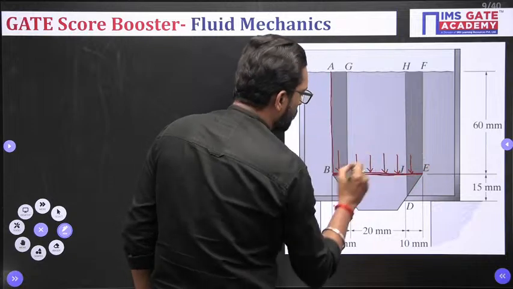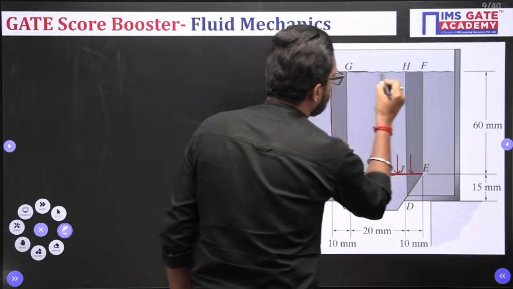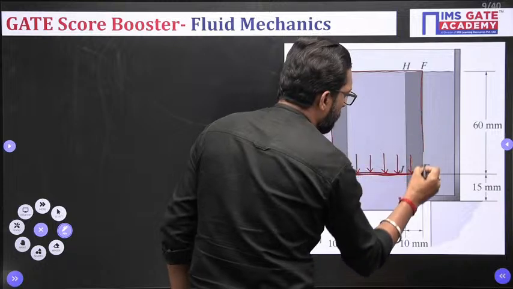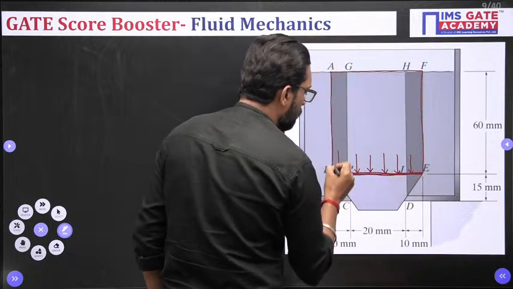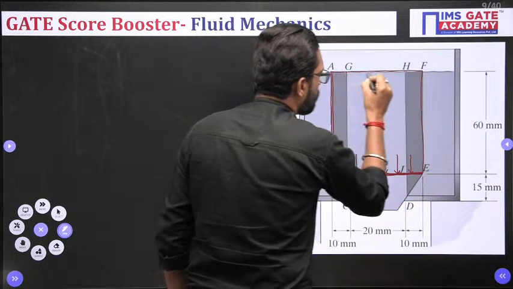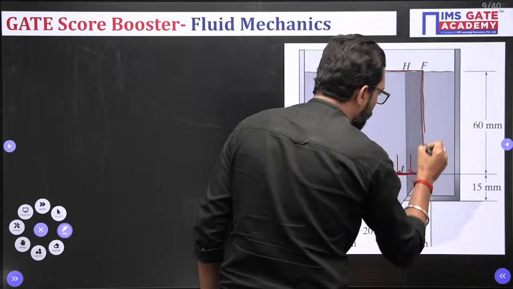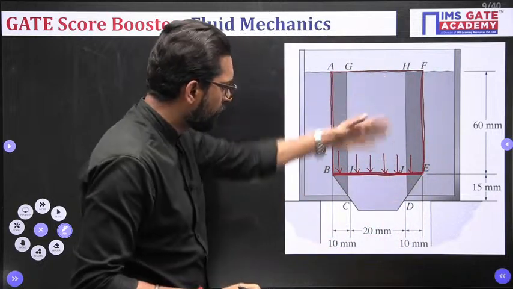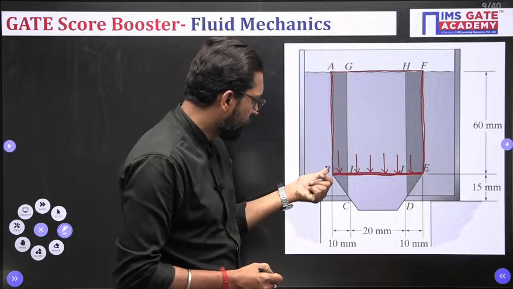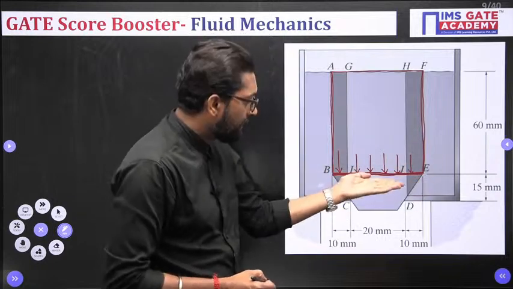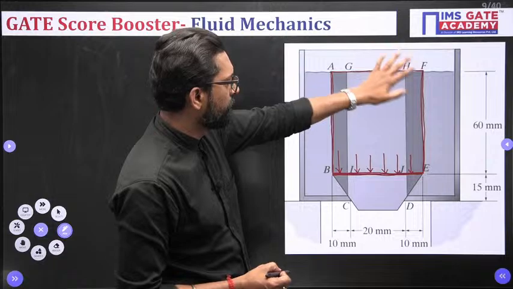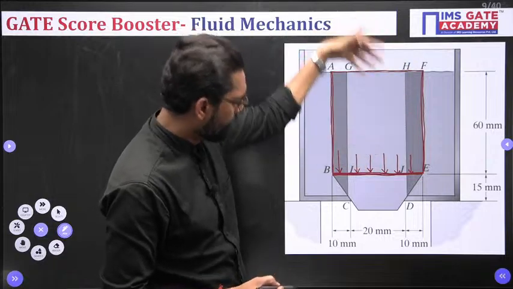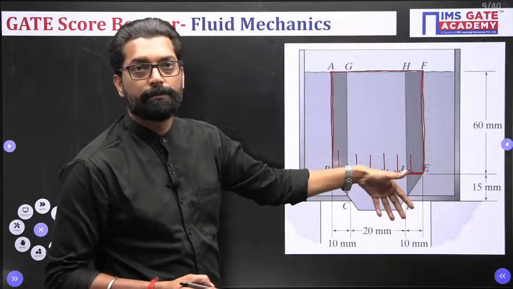The pressure on this plug is this portion, yes or not? This total portion. So this total portion of water which is held by the surface BE, up to the free surface, that is your total vertical downward force.